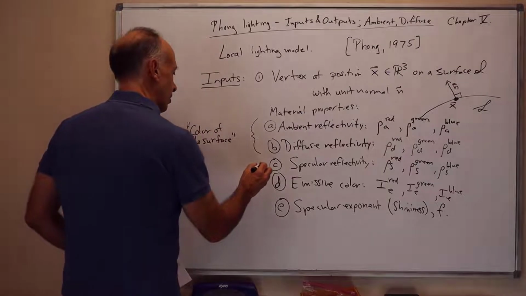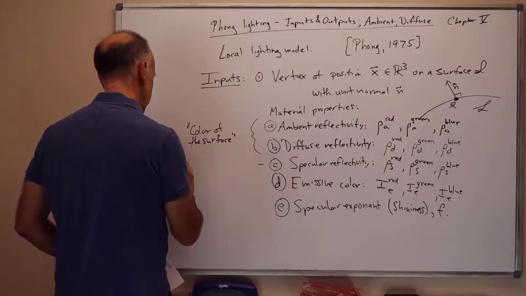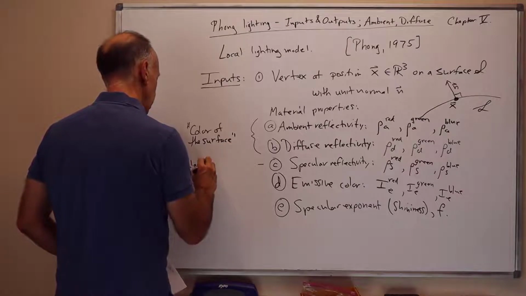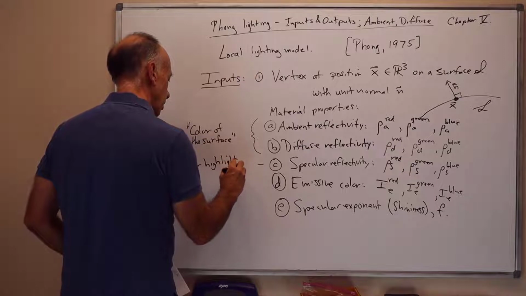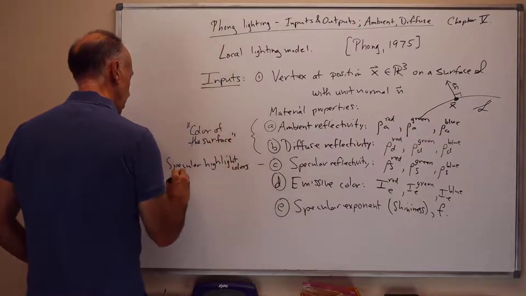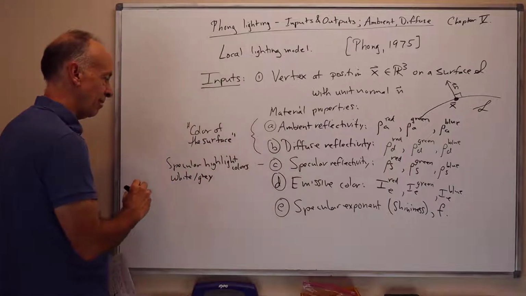The specular reflectivity controls the specular highlights. Actually, the specular highlight colors. Now, this is usually a white or a gray, and we'll get into formulas for this in more detail later on.